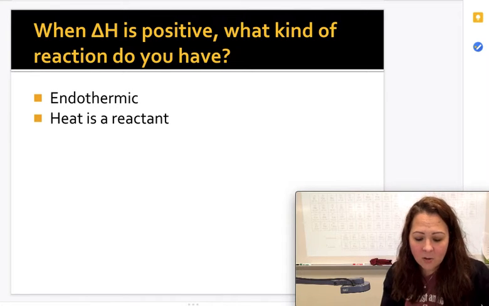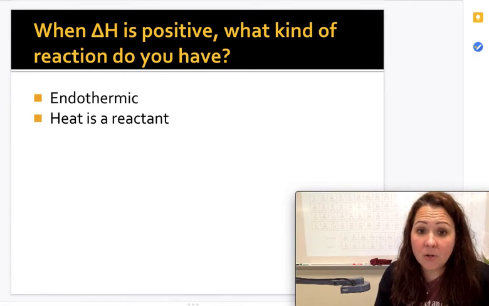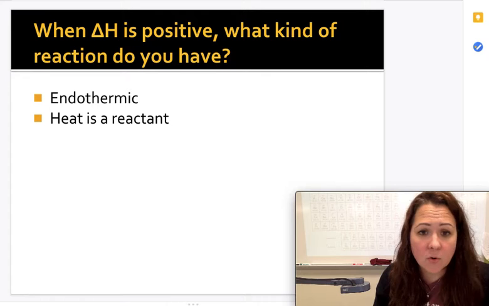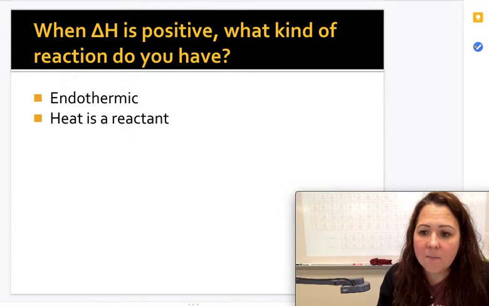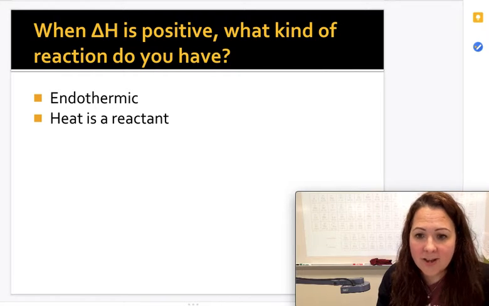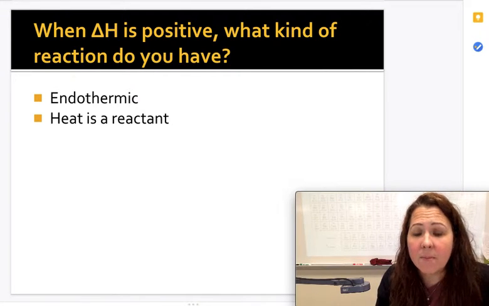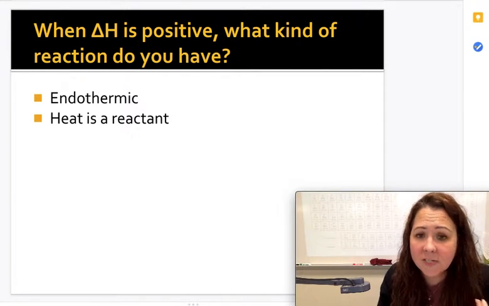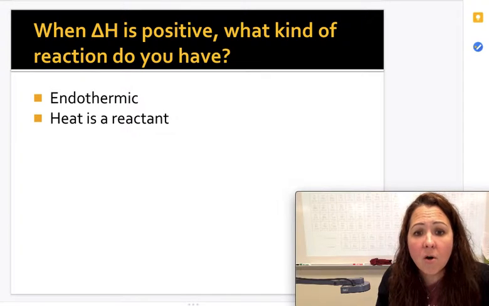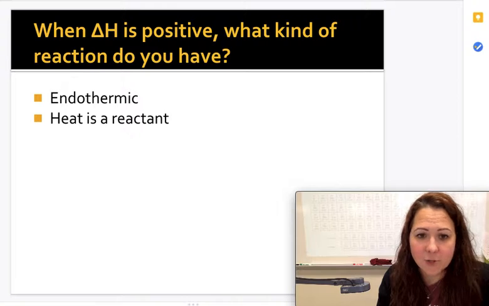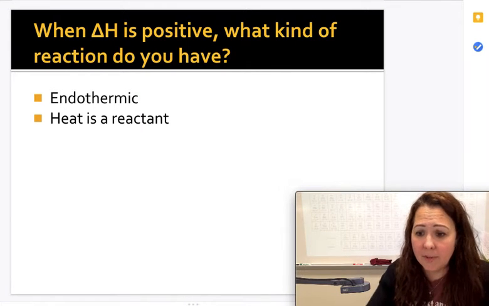When we write out chemical equations, you can actually put the word heat or energy or the delta H value, so it'll be a number in kilojoules. You can actually write that on the reactant side, and I'll show you what I mean by that in a minute. So if delta H is positive, or if you have heat written on the reactant side, or energy, because heat is a form of energy, it is endothermic.